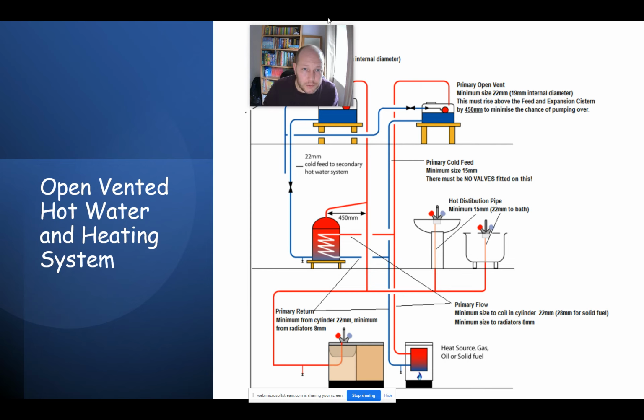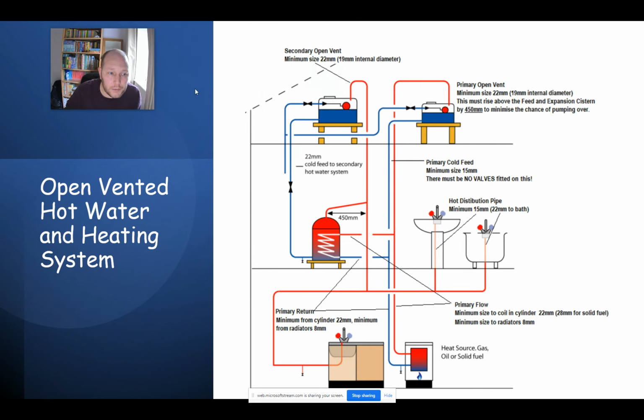Okay, so briefly going to look at our open vented hot water and heating system together. We can see we've got our secondary cold feed coming in here, 22 mil with the valve on it, going into the base of the cylinder.